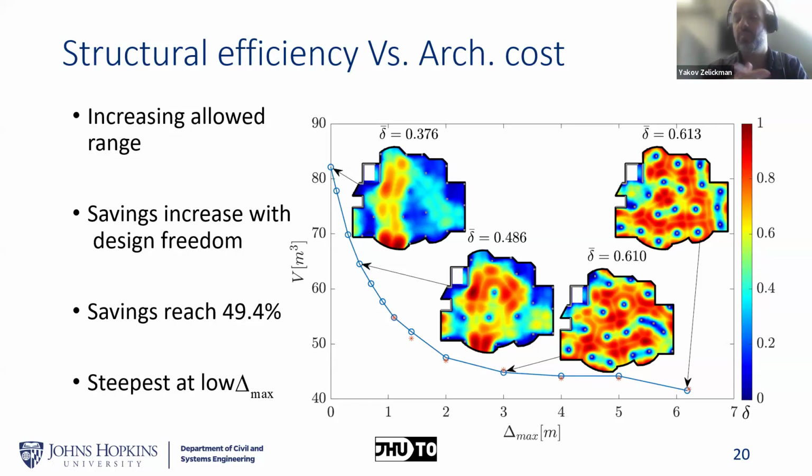The vertical axis is the volume of the concrete, and we see that most of the gains are obtained for a small increase in the freedom. So for delta max equal to 2, we really get most of the savings. What it tells me is that we don't need to pay a lot in terms of architectural performance to get significant savings in the concrete.